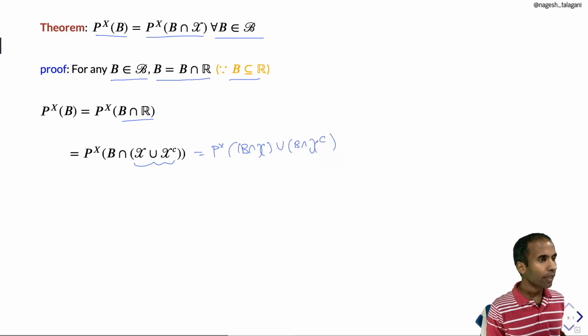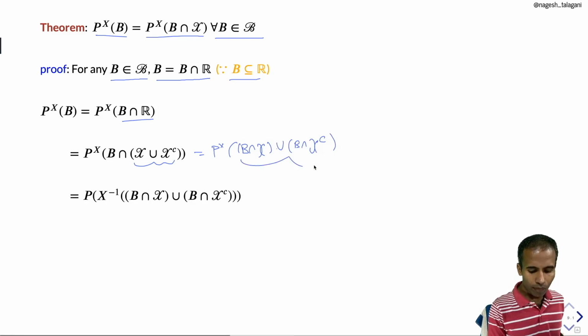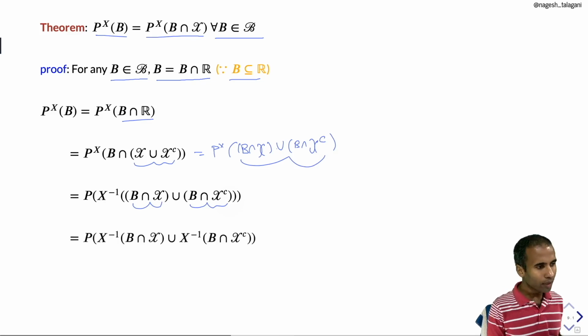Next, by the definition of Px, we can write P of X inverse of B intersection script X union B intersection script X complement. Now we know that the inverse image of the union is the union of the inverse images. So next we can write P of X inverse of B intersection script X union X inverse of B intersection script X complement.